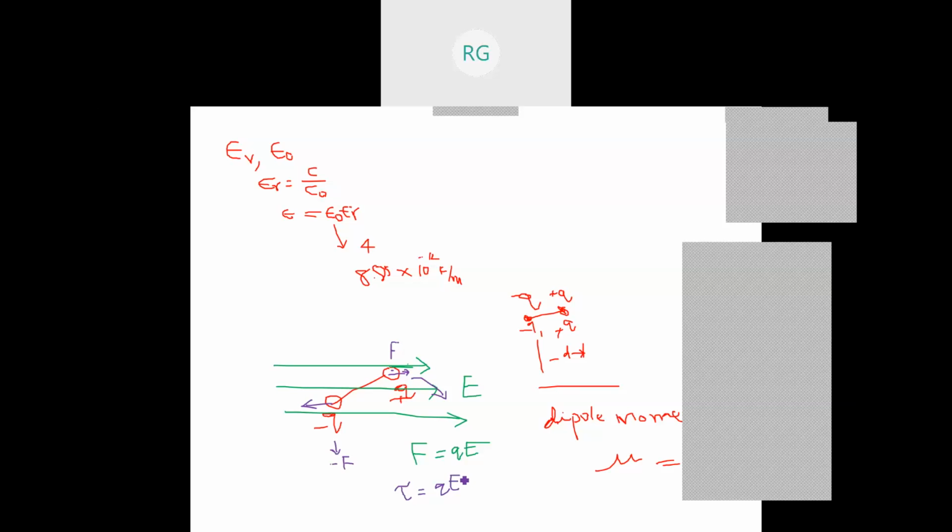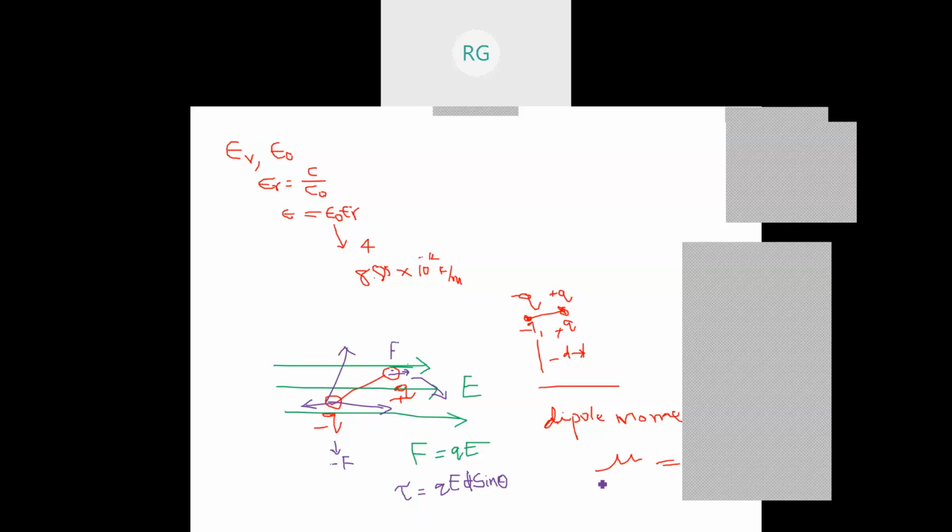So I'll write qE into d sine theta, where d sine theta is the perpendicular distance. If I do it like vectors, I have this as d sine theta, this is d cos theta. Therefore, torque acting is qE d sine theta. This is the torque acting on the dipole when you keep it in the external field.